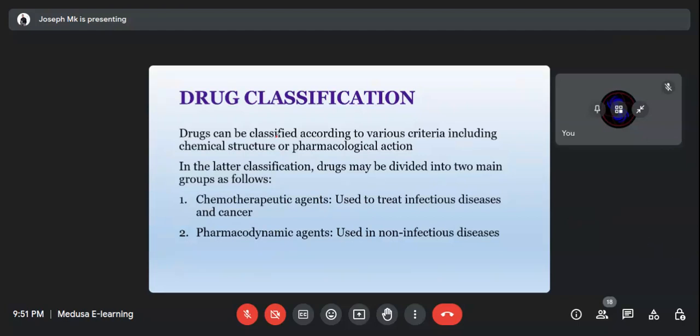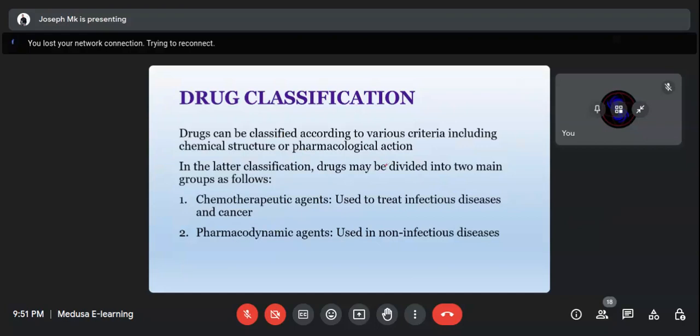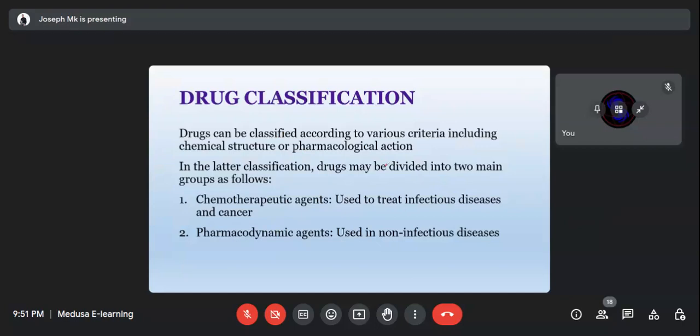In the latter classification, drugs may be divided into two main groups as follows. So the classification, they mean pharmacological action. For the pharmacological action, these drugs can be classified as chemotherapeutic agents. They can also be divided as pharmacodynamic agents.